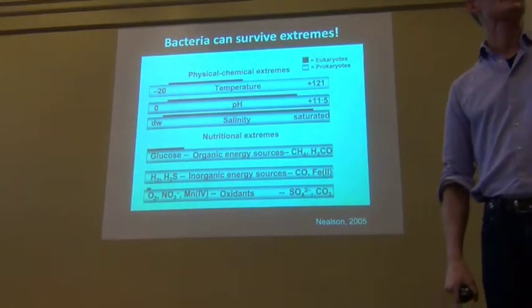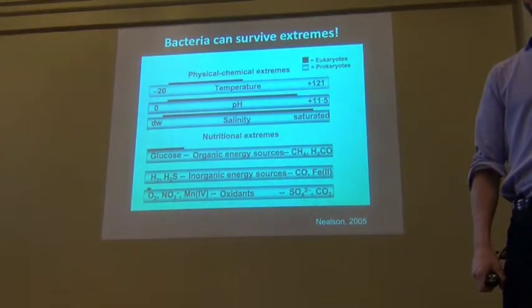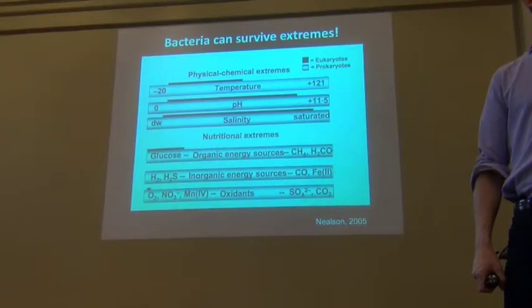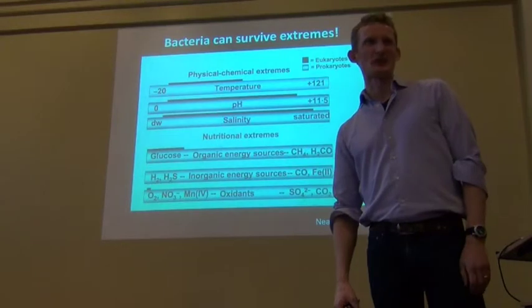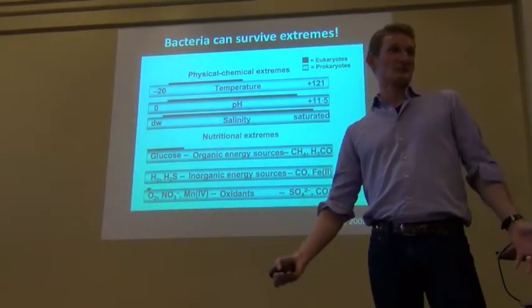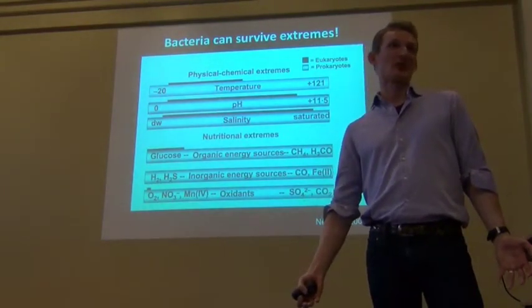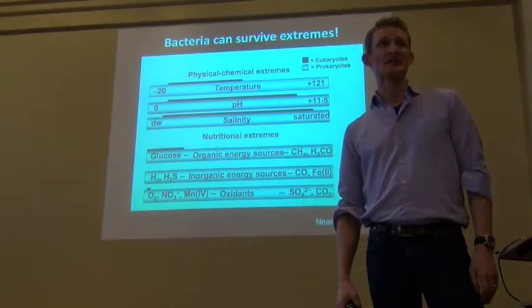Why can they live in hotter places, but not in really cold places? Because -10 degrees isn't that cold. 121 is really hot, so... Right, that's a good question. Well, -20 is not that cold for us, because we can wear warm clothes and we can protect ourselves from the cold very easily.